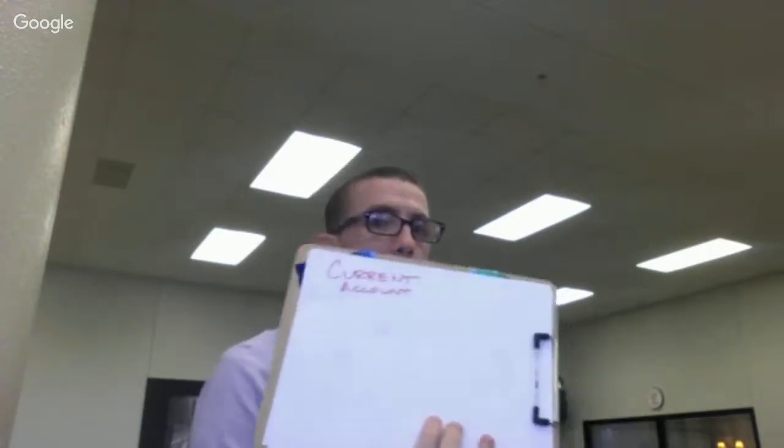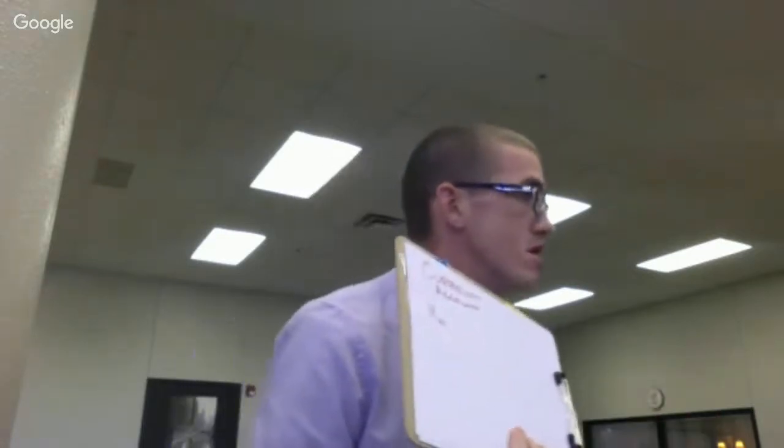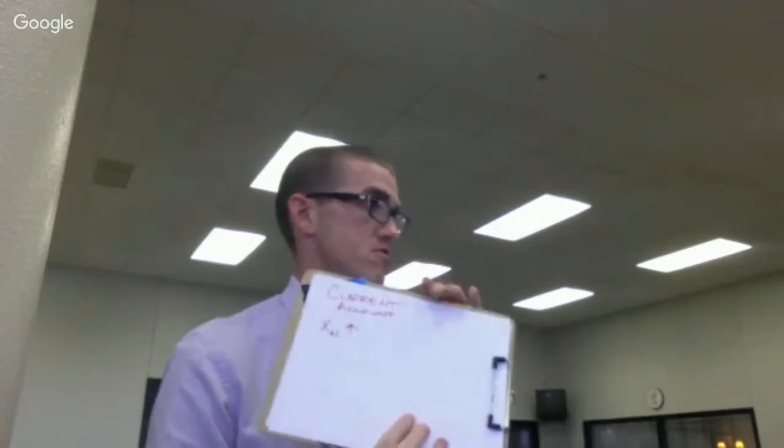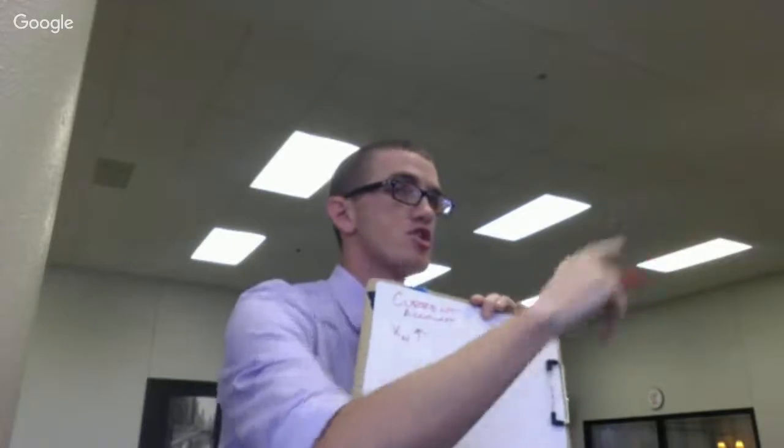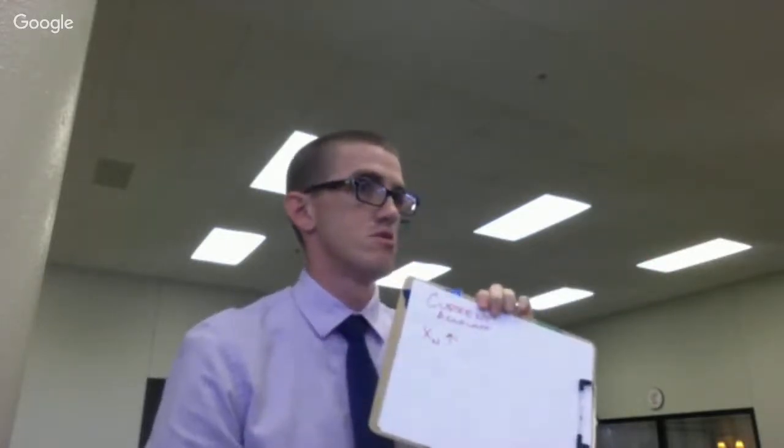Current account measures what? It's what we have now. It's imports and exports, so it's net exports. If we are having an increase in net exports, we are shipping more goods out. What does that do to our current account? Increase.